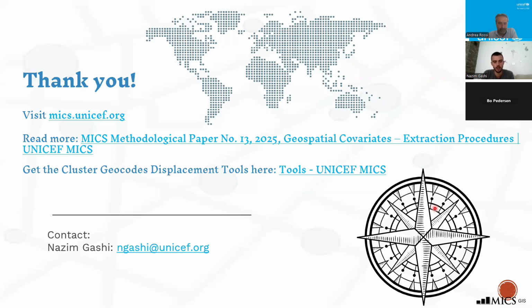Now, before passing the floor to Bo, I just want to make one announcement. I want to thank the Demographic and Health Survey Program, which has paved the road for us. In the past few years, DHS has been making geospatial covariates available, and the latest version they have made available is version 3.